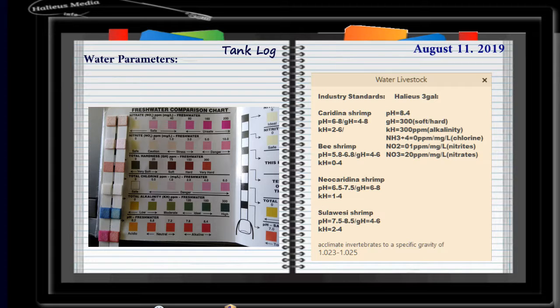We've already established that it is very, very alkaline water. My NH3 and NH4, or my ammonia, are 0. My nitrites are 0, and my nitrates are about 20 parts per million. It's really hard to tell on that strip. And that's the last one with the sort of white to hot pink on the top.